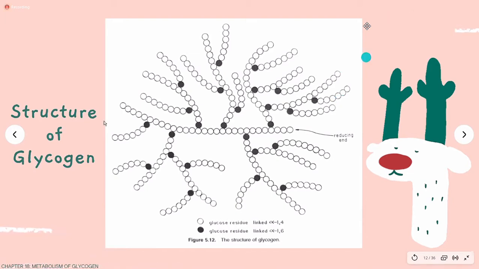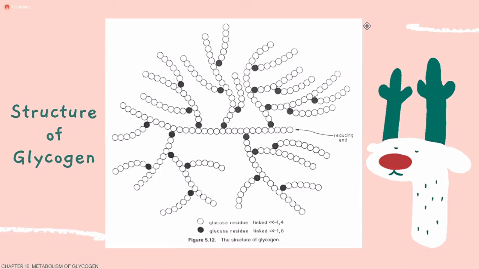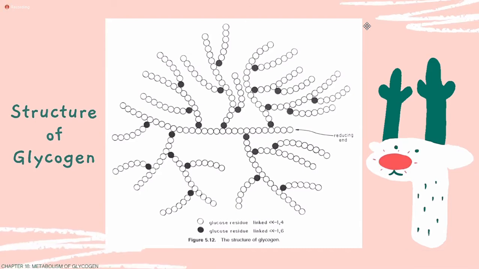If you let this stand, this is the stump, and then you let it stand, it looks like a tree. So that's why older textbooks mention arborization of glycogen. All right.